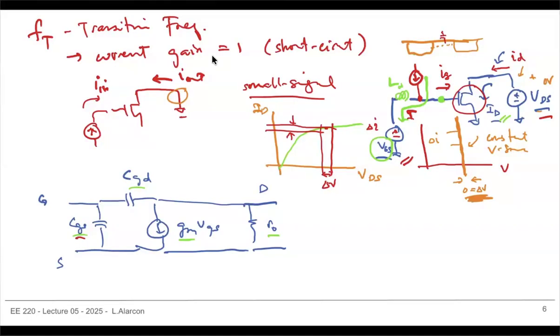But what happens when I start increasing the frequency? The impedance here is j omega L, so the impedance increases with omega. As soon as I start increasing that frequency, the impedance of that inductor starts increasing, and that gives me what I want. All that current should go into the transistor instead of back into the voltage source.